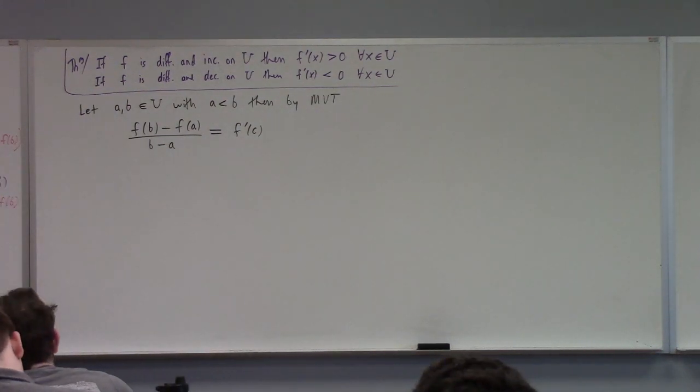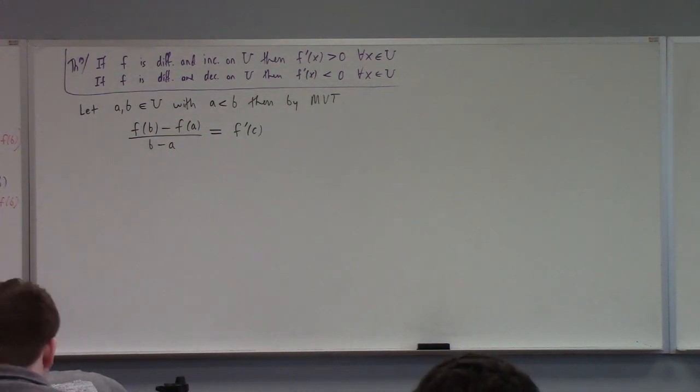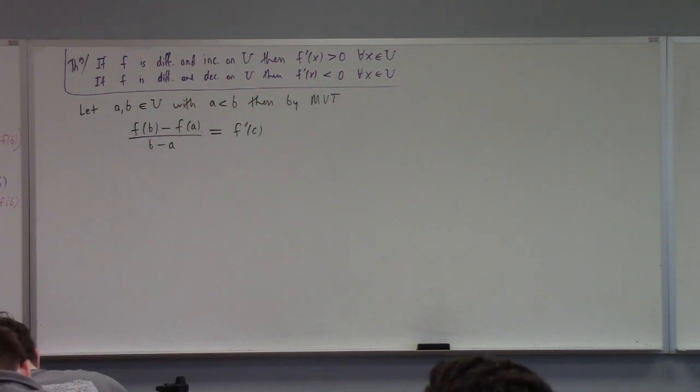Think about it. We're assuming that the function is differentiable on U, but if it's differentiable on U, that implies it's continuous, because differentiable implies continuous at each point. So we have differentiable, we have continuous. We can apply the mean value theorem on any subinterval.